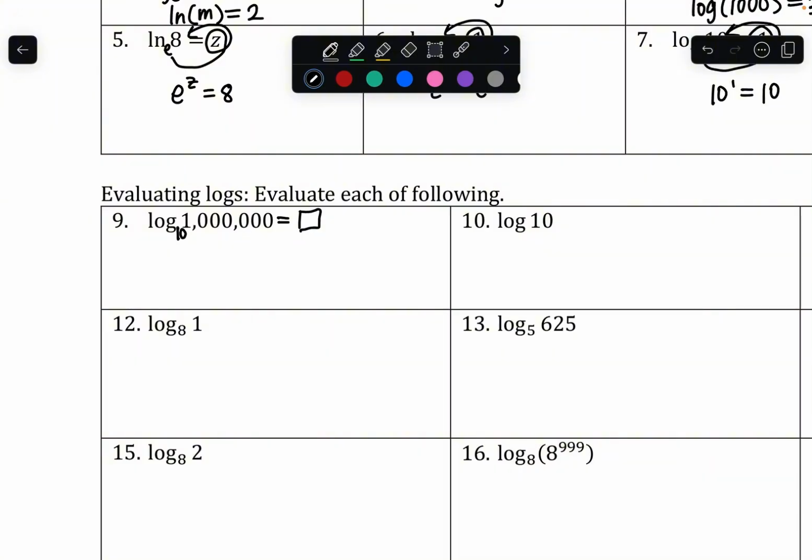Okay, and so if I were to convert this, it would be 10 to some unknown number equals 1 million. And so how many zeros there are, which in this case there's 6, tells you what power of 10 you have. So here you would answer 6 as your final answer.